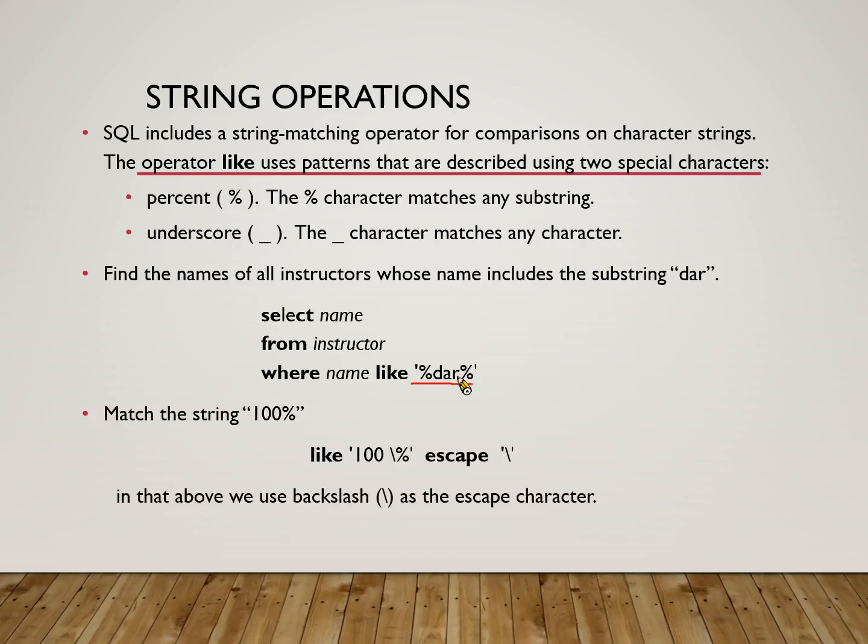Finally, the result will include any names containing the string star. If the percent character is part of the real condition instead of a pattern character used in the string operator, we can use backslash in a where clause to define its escape character.